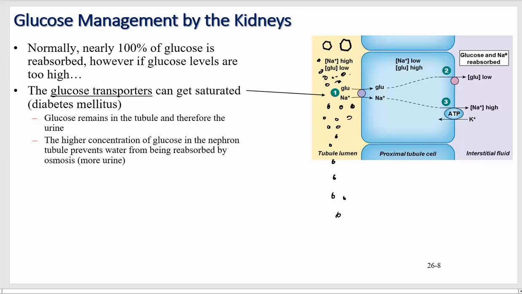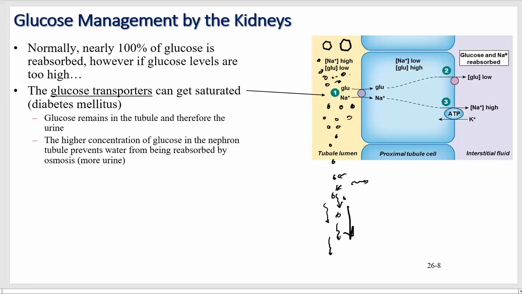Sorry, I paused because I almost sneezed. Okay, so glucose transporters can get saturated, so glucose remains in the tubule and therefore the urine. And of course water is trying to leave, but when it sees all of these particles, it's like, okay, not so fast, maybe I'll just leave with the glucose and hang out there.